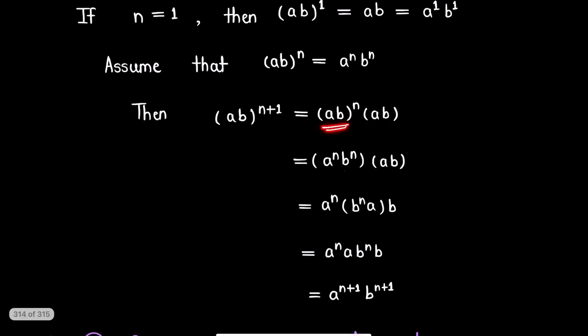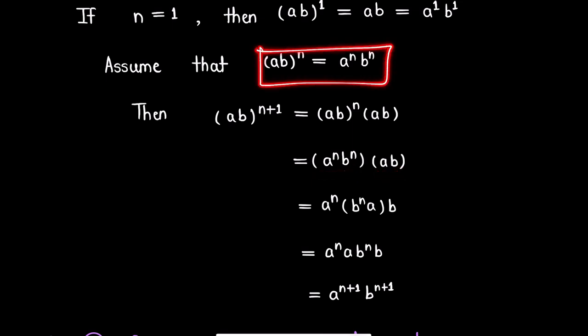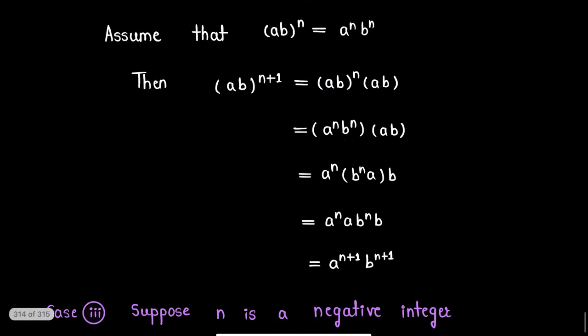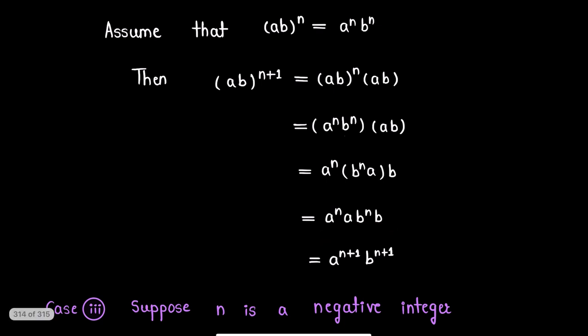Again, this (ab)^n we can write as a^n b^n (ab) since we have assumed this. Again, using associativity, this can be written as a^n (b^n a) b. So we will replace this b^n a by a b^n as we have shown before. So we get this expression. Again, using associativity, we get a^(n+1) b^(n+1).